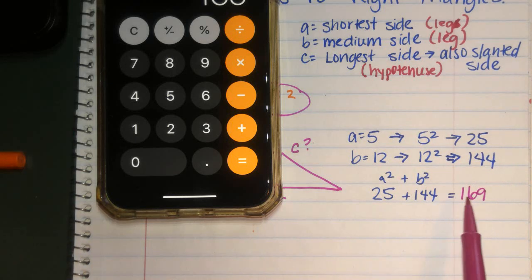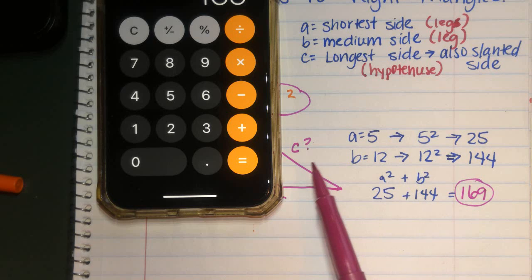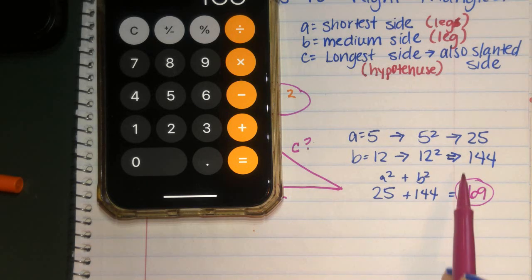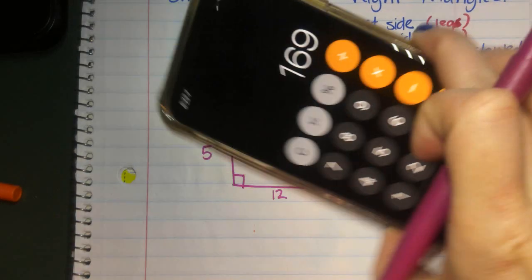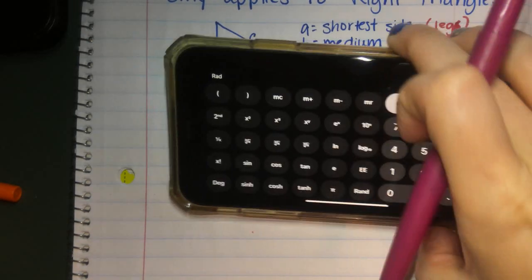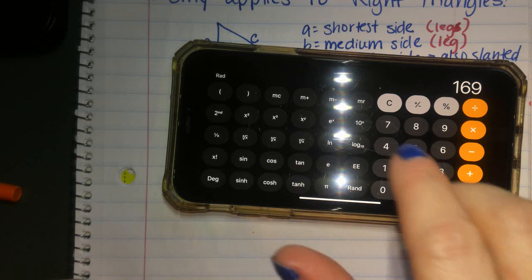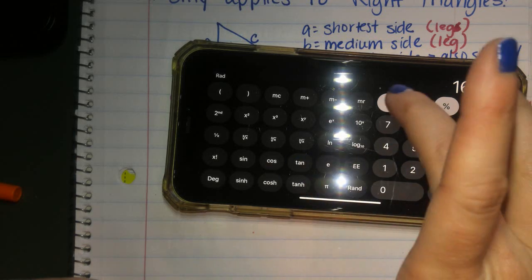How do you think we could figure out what C is if that's what we get when we add them? C is not going to be 169, it's C squared. So how do we get from a square back to the original number? We take the square root. Okay, so what times itself equals 169? Well, you probably know it, but if you don't, there's a way you can figure it out on your phone.